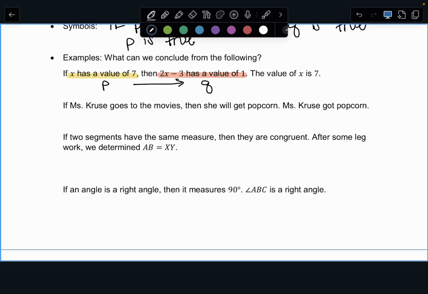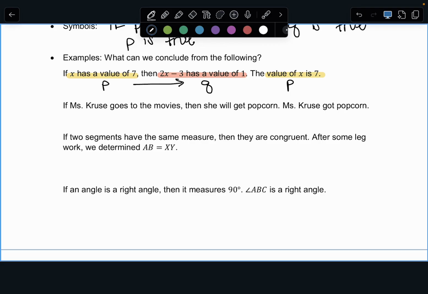Then we have the second piece. It says the value of X is 7. Is that a version of P or of Q? Of P. So let's label it as P. And then look at what I have. I have P implies Q. I'm told that P is true. What can I conclude?